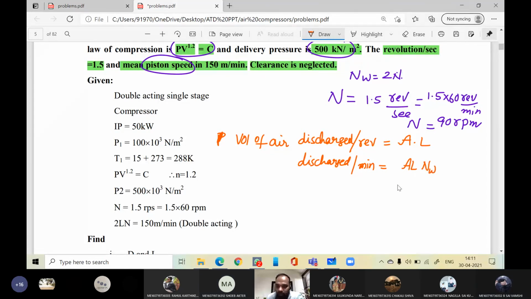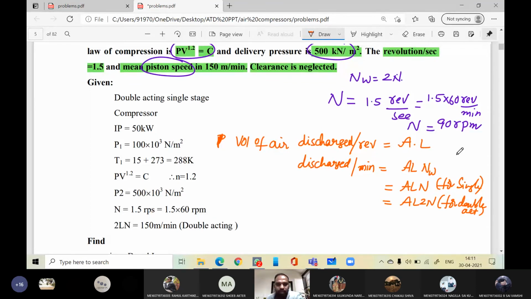Yes or no? So AL into N for single acting, AL into 2N for double acting. Okay, right? Now here, is it single acting or double acting?